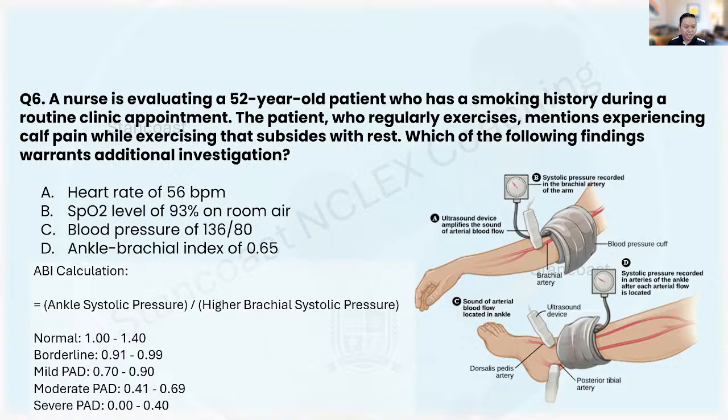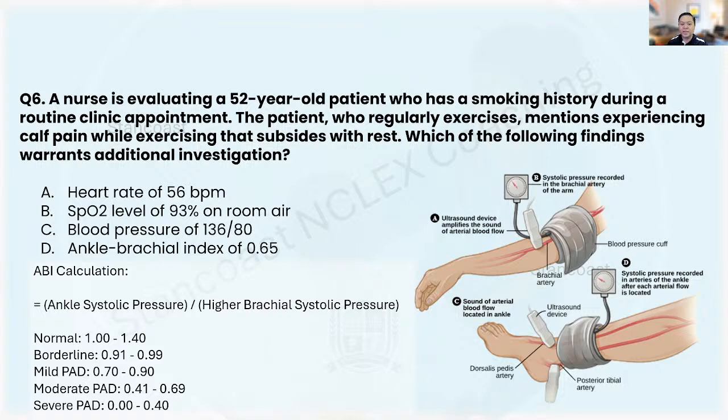So again, the patient will be placed in a supine position. They should be relaxed and calm. Let them know what the procedure is all about, so they will cooperate and there will be less anxiety, right? So what we're going to do here is measure the patient's brachial blood pressure, and also the ankle blood pressure.